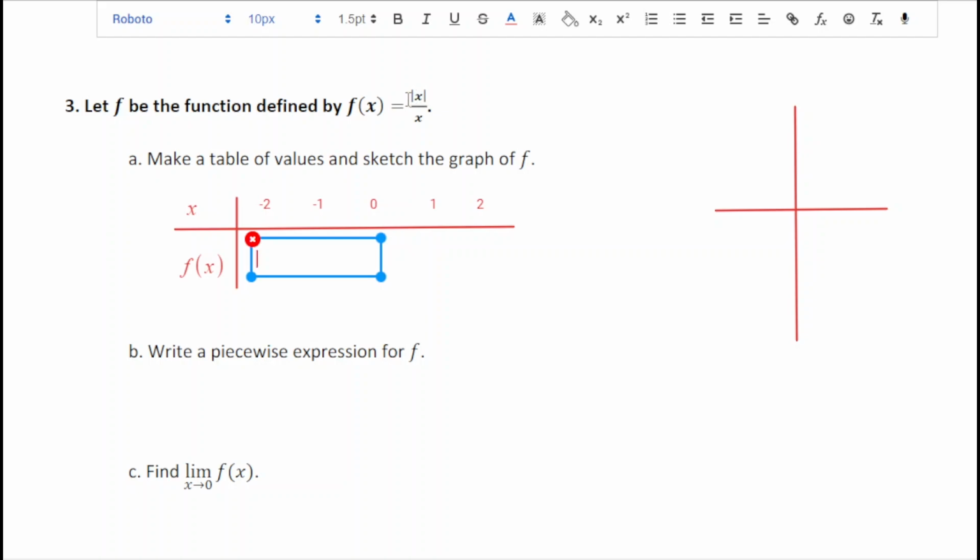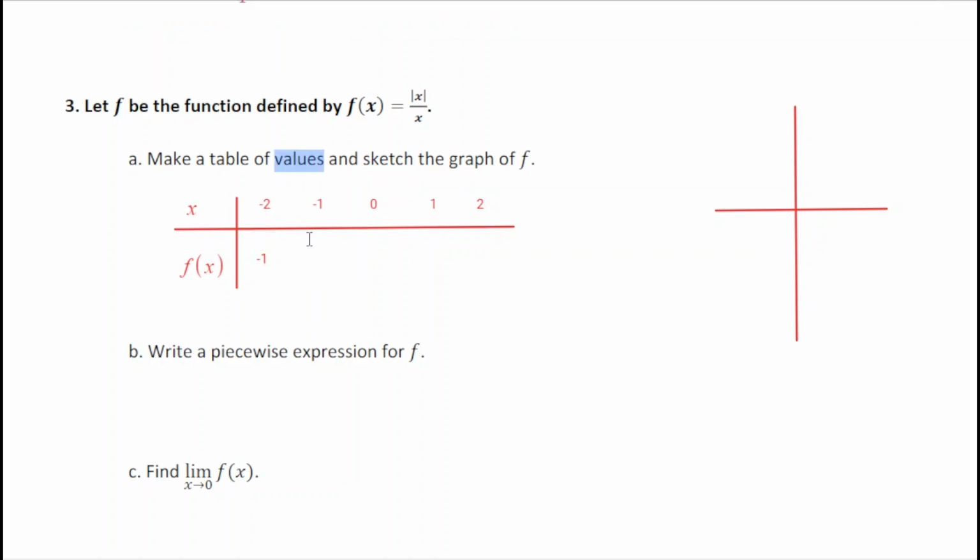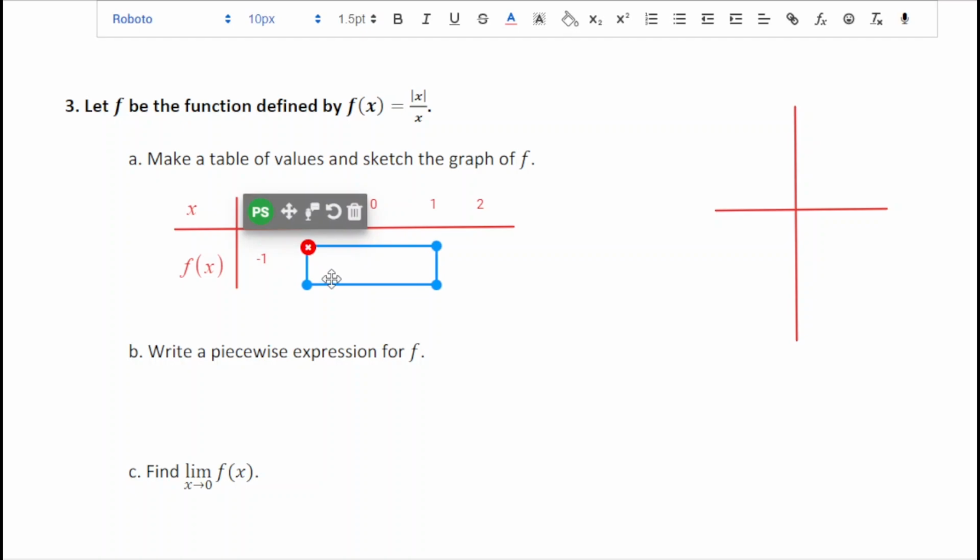If I plug in -2, I get the absolute value of -2, which is just 2, and 2 divided by -2 is going to be -1. And that's going to be what I get every time I plug in a negative number, because any negative number that I plug in here is going to make this positive, and this is going to stay negative, and they'll be the same absolute value. So we're going to get -1 for all negative values of x.